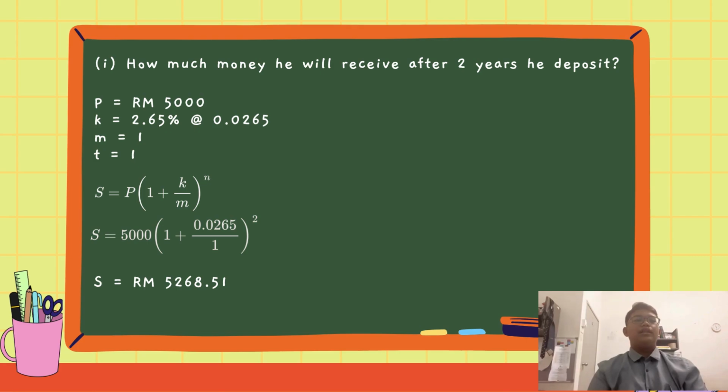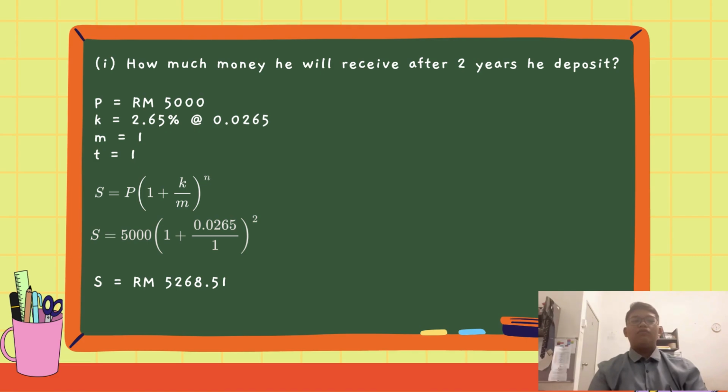So we input the data from the question. P is RM5,000. K is 2.65%. We convert to 0.0265. M is 1 and T is 1. So we use the compound interest formula. S equals P bracket 1 plus K divided by M, the power of N, and we input the data.